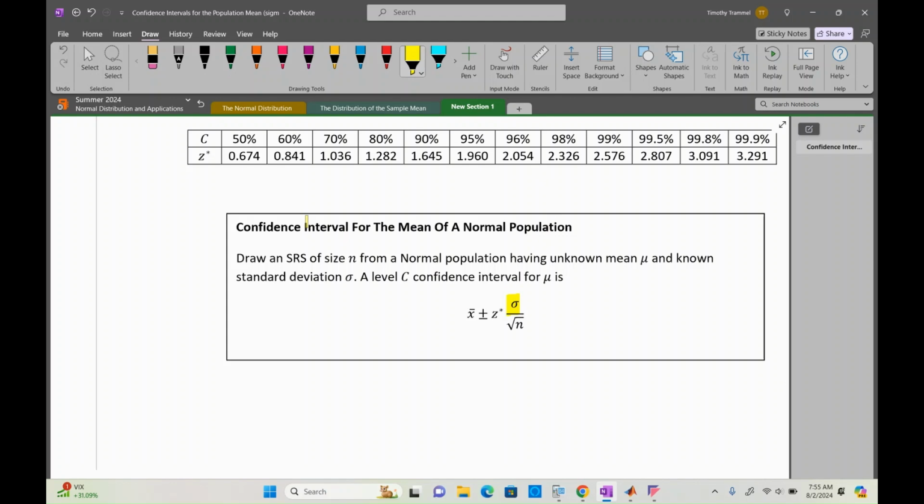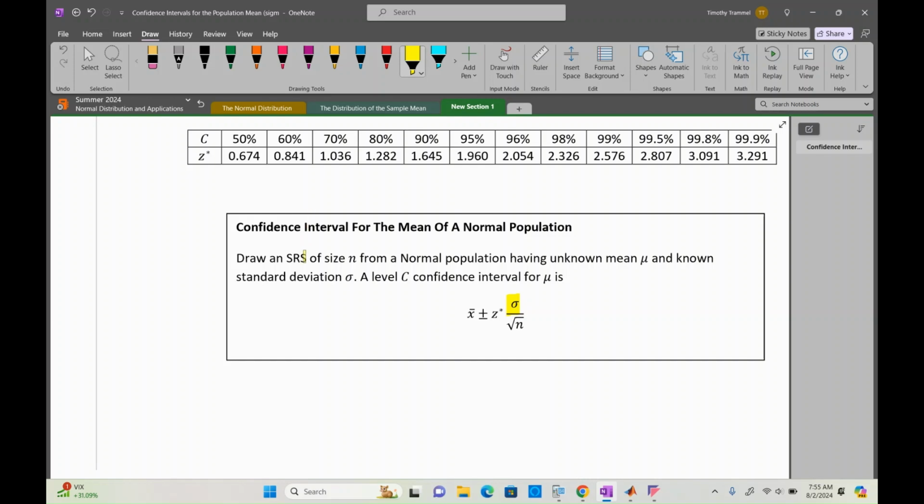And what are the chances that we know the population standard deviation, but not the population mean? We will have a way around this. For now, we're going to work with sigma there, but soon we'll use the sample standard deviation, and we will no longer be using Z star at that point.